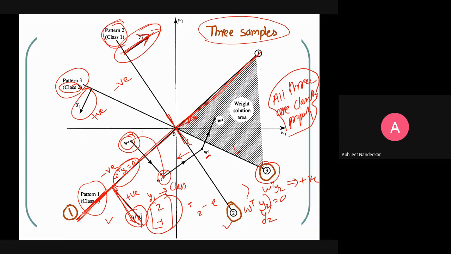And since my pattern class is 1, I want positive output. So I have to throw this weight to new position.